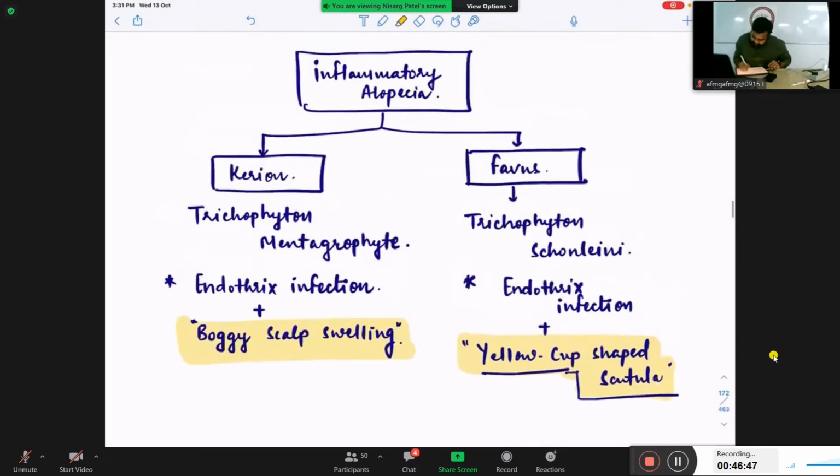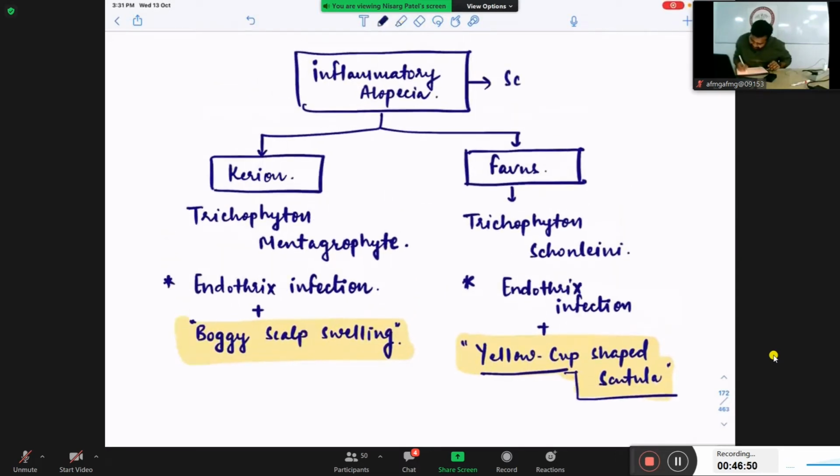In both these diseases, there will be scarring of the skin. So carrion and Phoebus are examples of scarring alopecia. It will cause scars on the scalp skin.